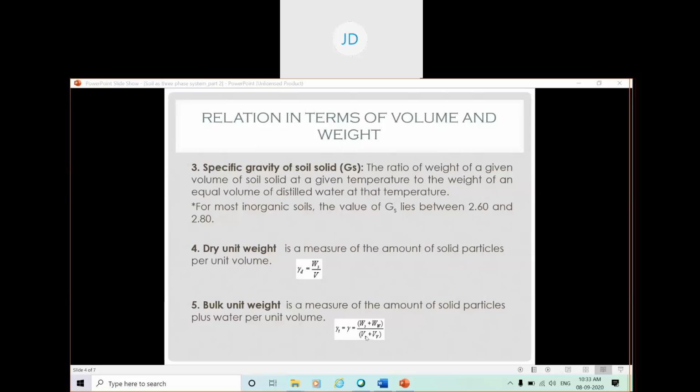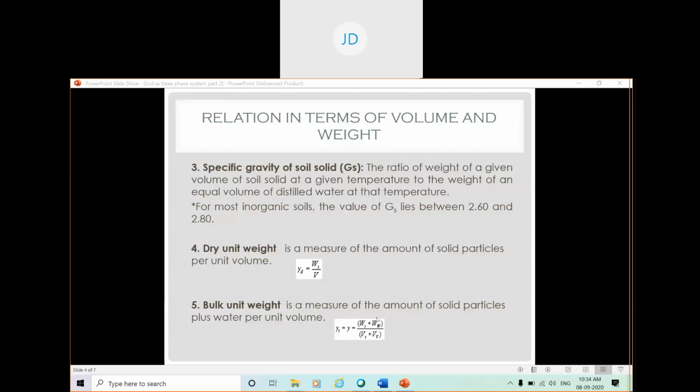Now if you consider a three-phase soil, what is the total weight of the soil? Ws plus Ww, that is weight of solid plus weight of water, since weight of air is negligible. The total volume of the soil will be volume of solid plus volume of voids. Volume of voids automatically includes volume of water and volume of air.